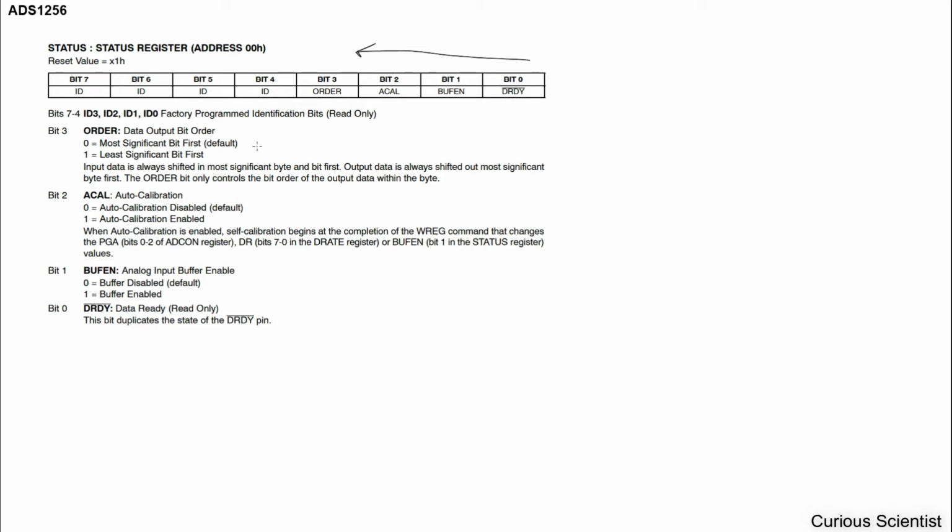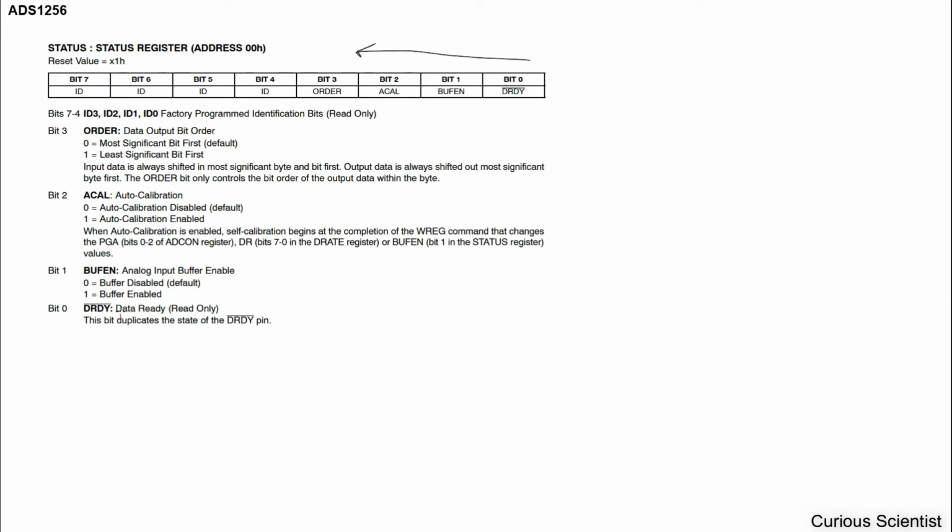And then this is the data output order. Here you can see what you will use, MSB or LSB setup, and then you can enable or disable the automatic calibration. Here you can enable or disable the analog input buffer, and finally you have the data ready, but you have to notice that there is a negation there.